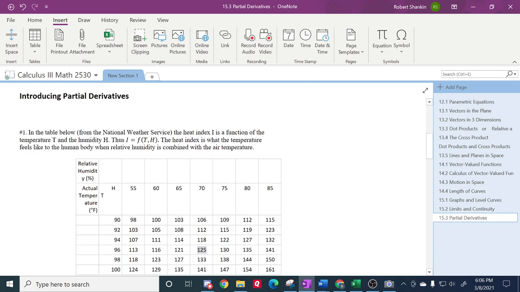In the table below, from the National Weather Service, the heat index, I. Now this was created sometime way back, kind of like what it actually feels like when it's hot outside. I used to live in Houston.